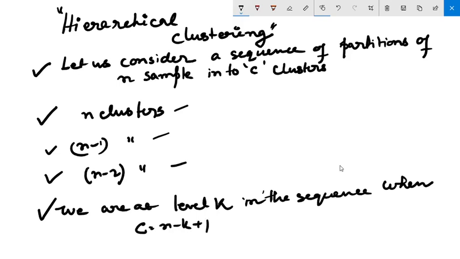Thus level 1 corresponds to n clusters, level 2 corresponds to n minus 1 clusters, okay.